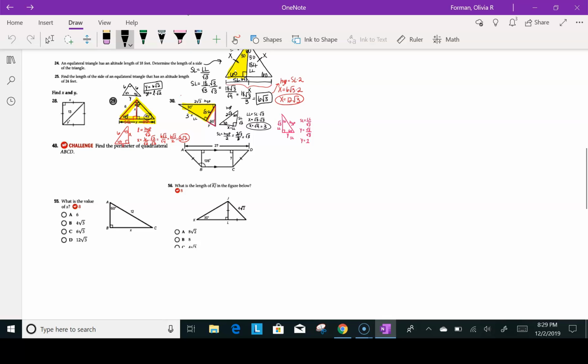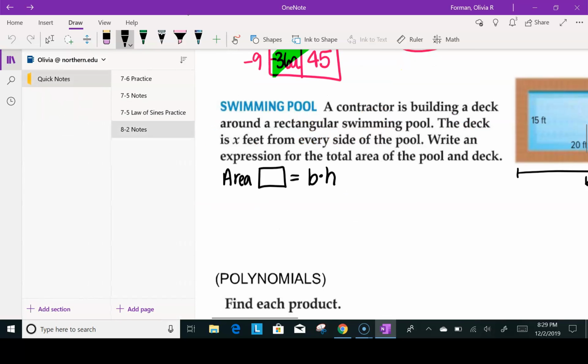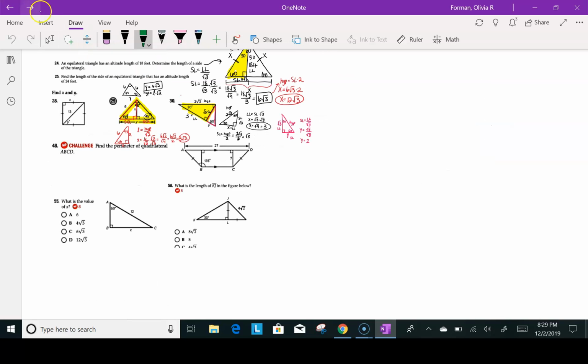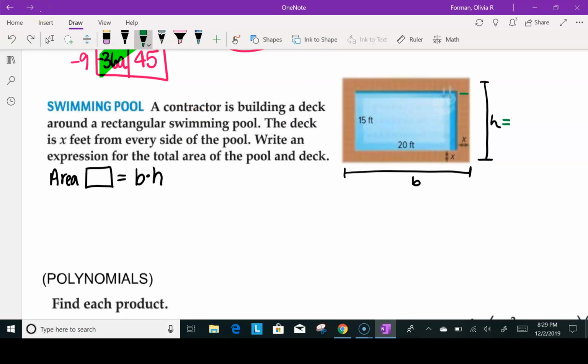And what we want to do is put those h and b in terms of x. So my height of just the pool part is 15, or if we compare here, so this is the 15, and then we also have this x length and this x length.